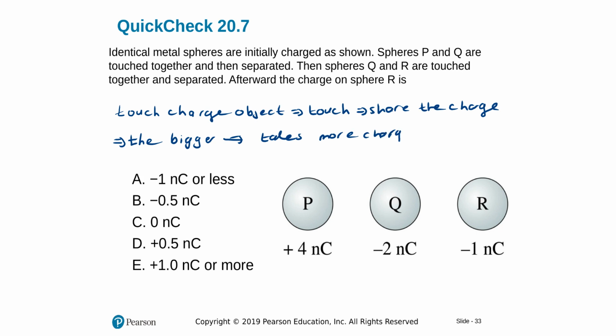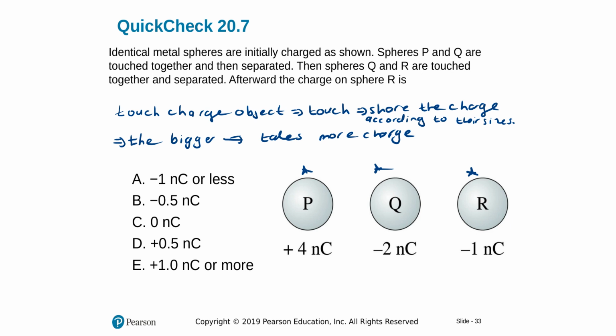I'll write this much: they share the charge according to their sizes. If I have equal sizes, they will share it equally. If I have a larger sphere, for example if this one was larger, it would take more charge, directly proportional to their sizes. So this question is related to that.